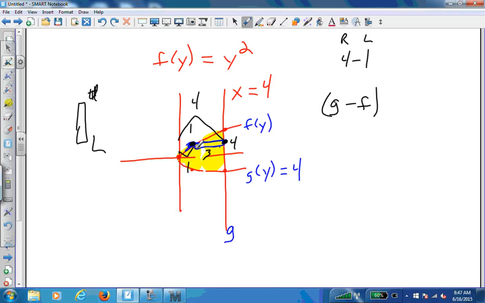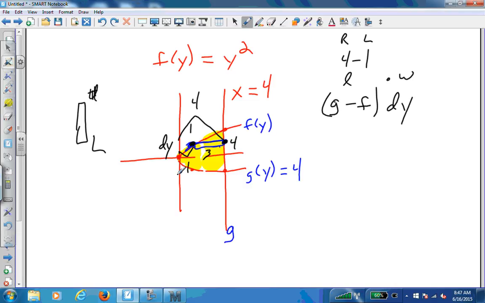And then let's look at the width. The width of that is in the y direction. So instead of being delta x or dx, it's delta y or dy. So if I want the area of that rectangle, I take the length times the width, which our width of that rectangle is dy.